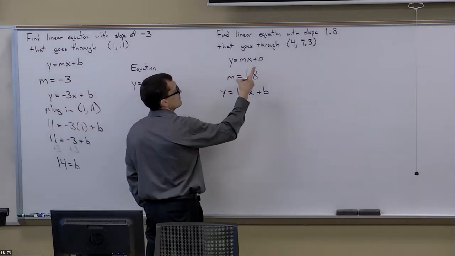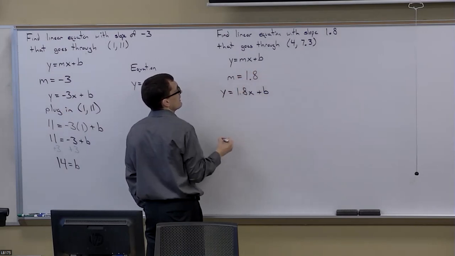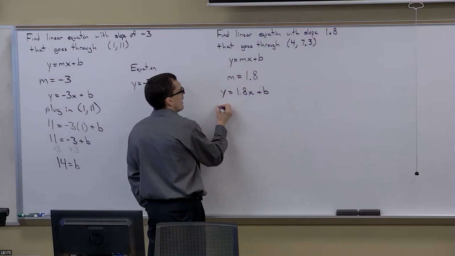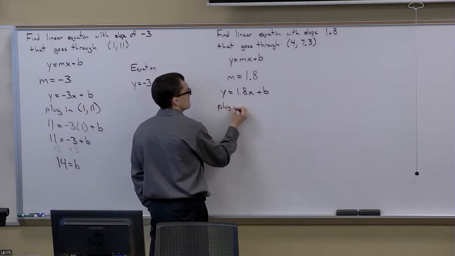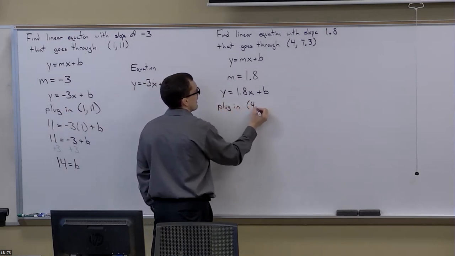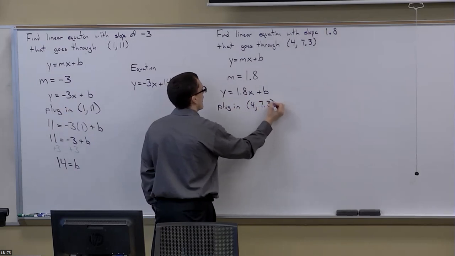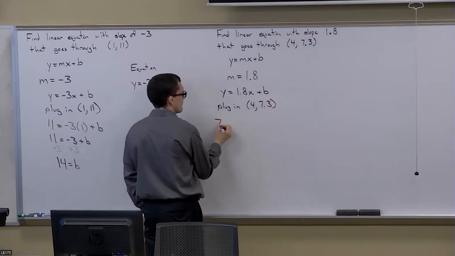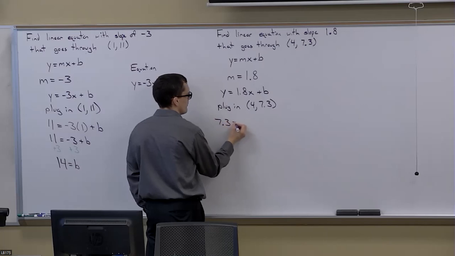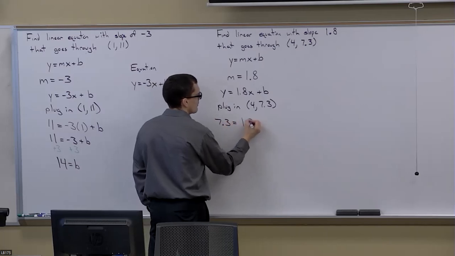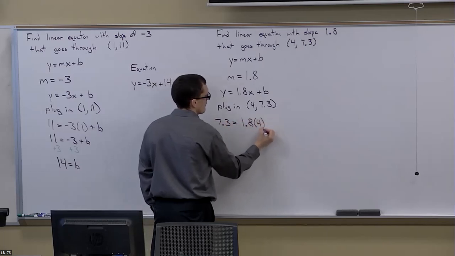Since the line goes through (4, 7.3), I can plug in that point. Again, be very careful that you plug the 7.3 into the y value and the 4 into the x value.